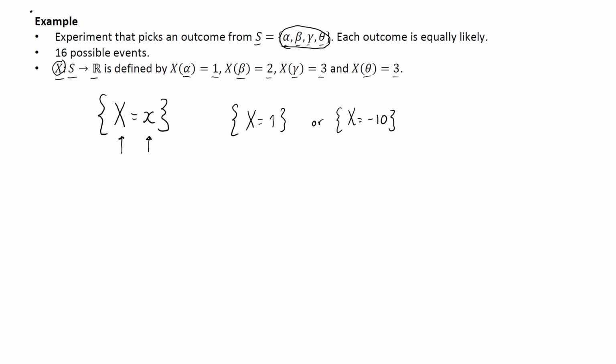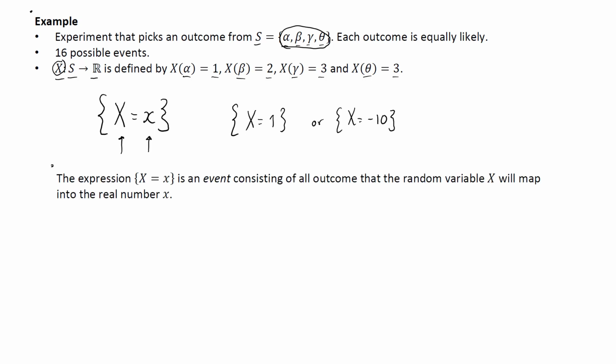So exactly then, what is this set? Well, this general notation, which we pronounce as the collection where the random variable X takes the value x, this expression is simply an event. And remember, an event was a subset of the sample space.